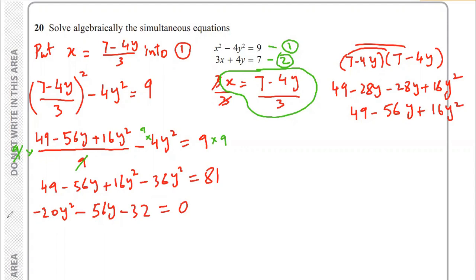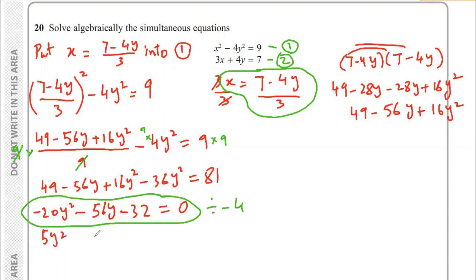I can divide the whole of this equation by minus 4. When I do that, the signs of all of these terms will turn positive. And I'll get 5y squared plus 14y plus 8 equals 0.